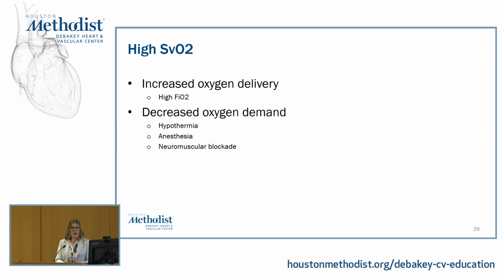That would be from hypothermia. They're cold, so their tissues aren't needing as much. They still have a lot of anesthesia on board, or they still have a lot of neuromuscular blockers on board. Typically post-operatively, that usually means that we either need to warm them up or the anesthesia needs to wear off.